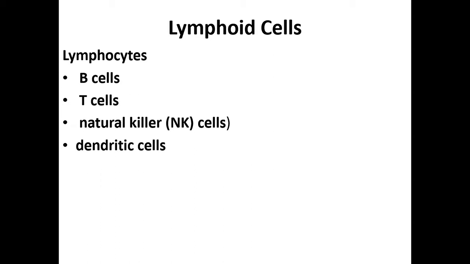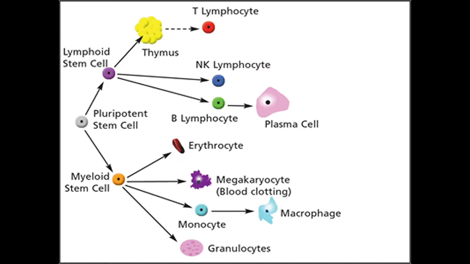So we have the lymphocytes, both the B cells and the T cells, the natural killer cells or NK cells, and we have the dendritic cells. Again, if we follow the arrows, we have the different cellular components of the immune system from the myeloid lineup and the lymphoid lineup.